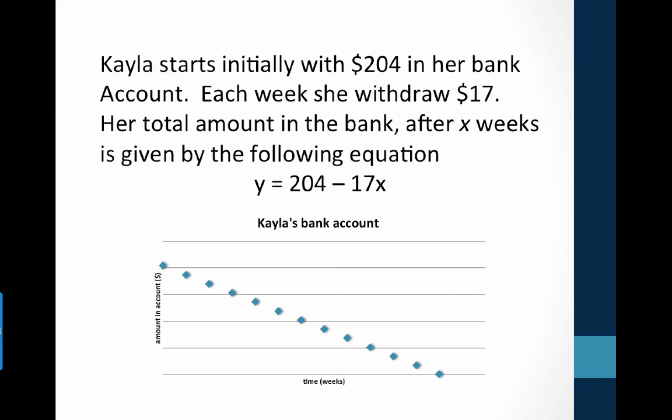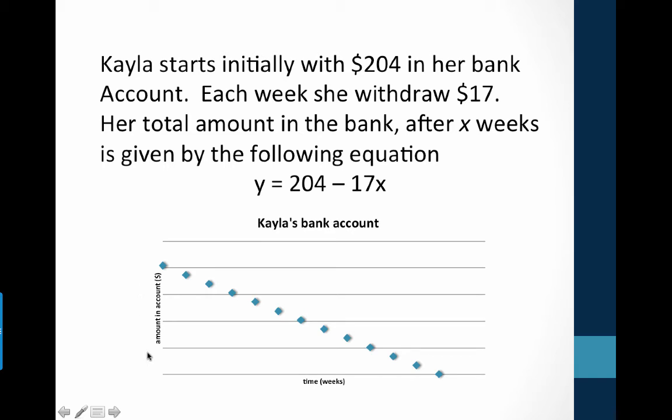And then remember how in class I said it's a good idea to have a picture in your mind of what's going on here. We're talking time in weeks is our independent variable, so it's down here on your x-axis.